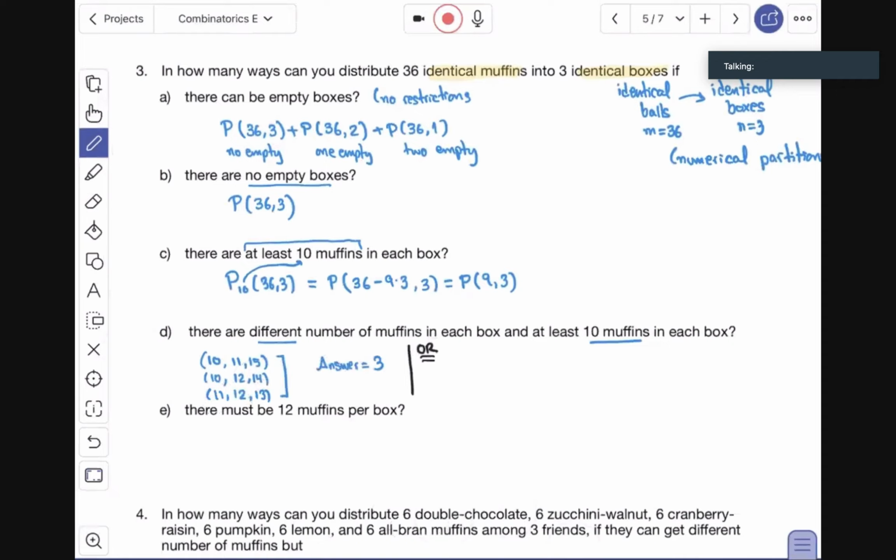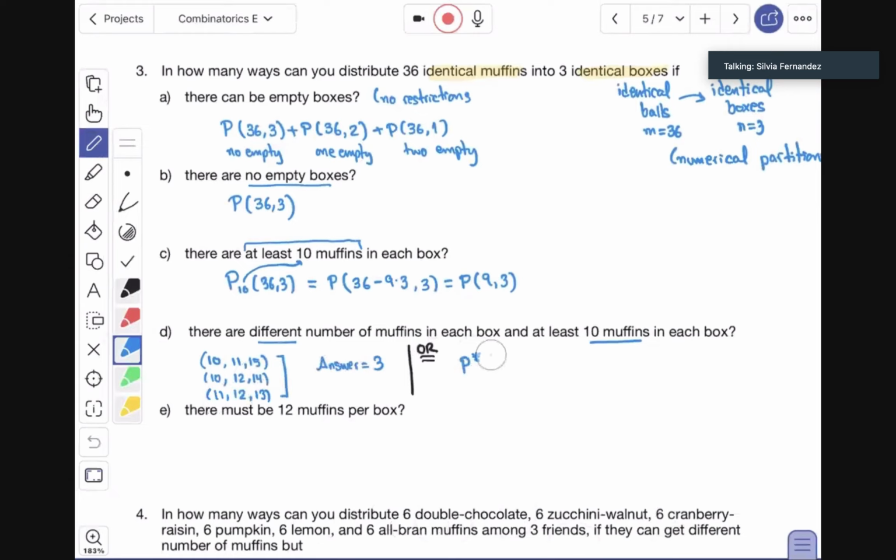So if you wanted to make these with the additional condition that they are different, and if you understand that what we did here was simply taking care of 9 of the muffins first, 9 per box, 27 of the muffins first, this actually tells you that the answer to this question is just the same answer as before with the start to make all the parts different.